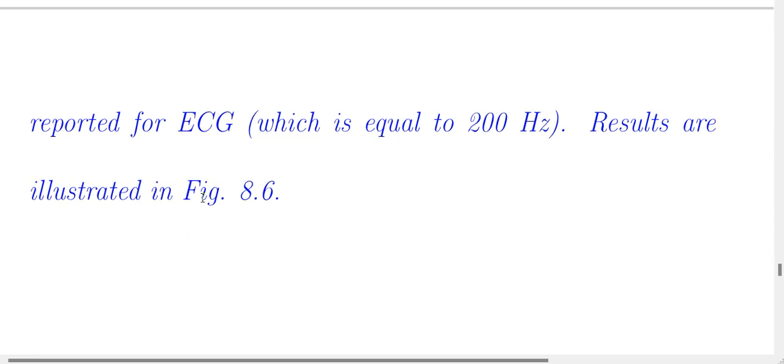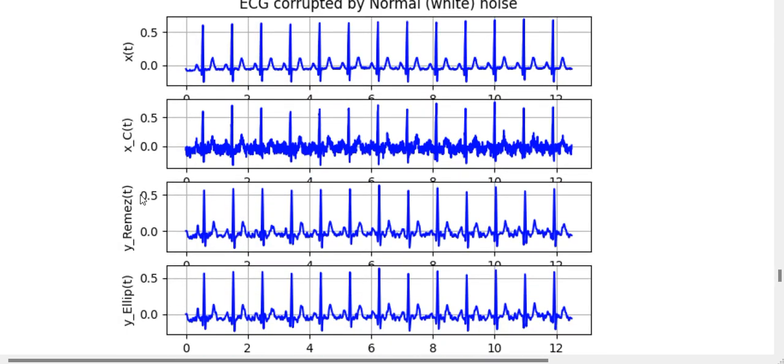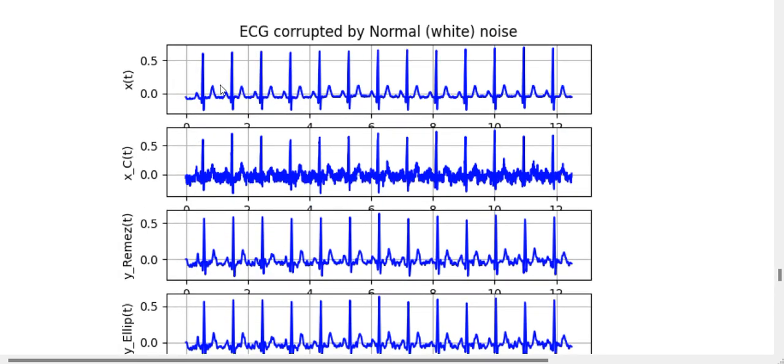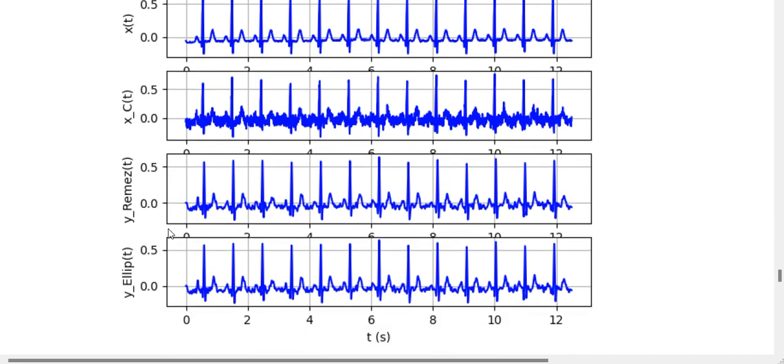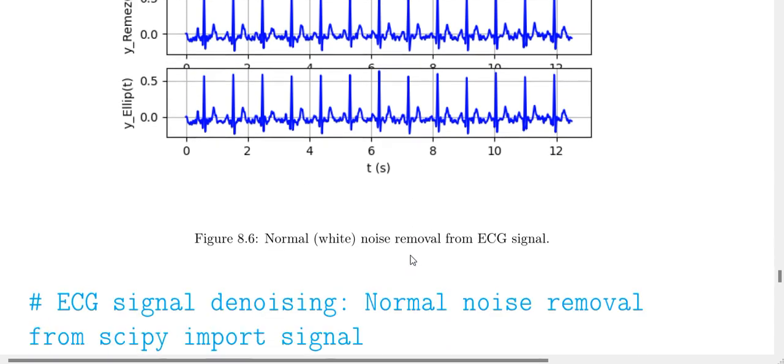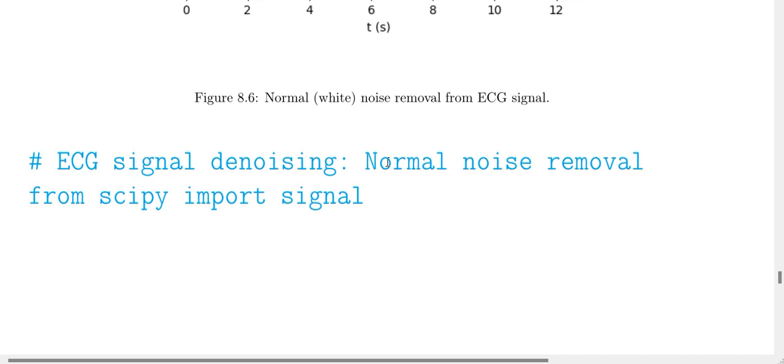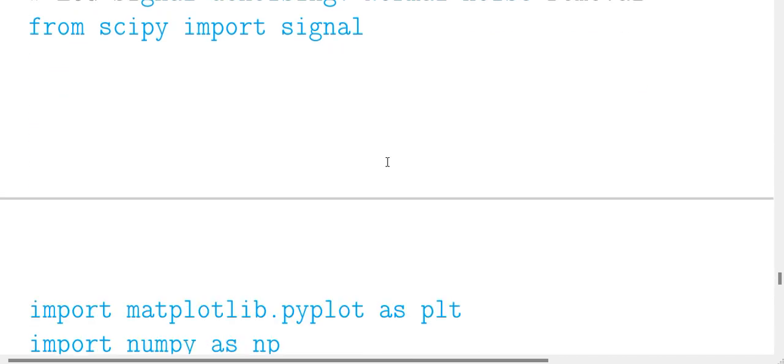Results are illustrated in figure 6 from chapter 8: the original pure signal, the signal corrupted by normal noise, and the results for Remez, somehow acceptable this time, and for elliptic. Now we'll run the code in a minute.